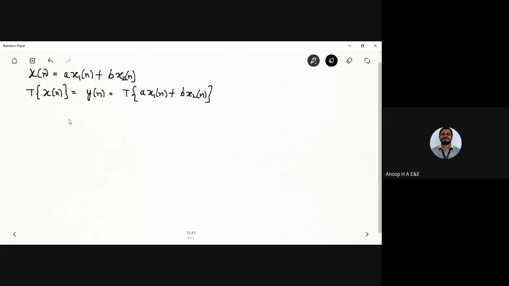Now I need to change the input signal itself that has been given here. So how can I write it? I can write it as a x1 of n minus nd plus b into x2 of n minus nd.